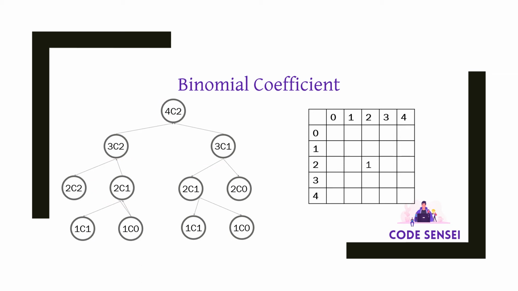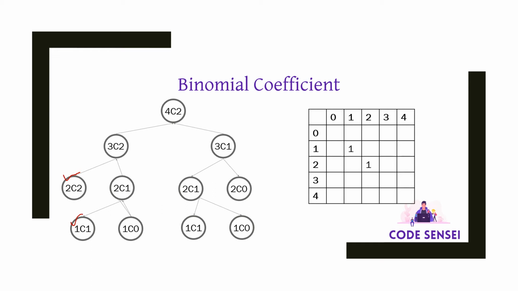Coming back, after 2C2, we have to find the value of 2C1, right? 2C1 is nothing but the sum of 1C1 and 1C0. What's the value of 1C1? Here, n is equal to r, 1 is equal to 1. So, the value of 1C1 is going to be 1.